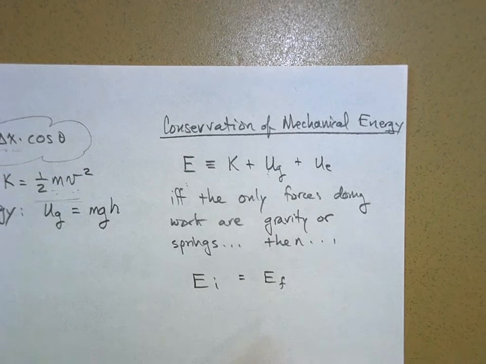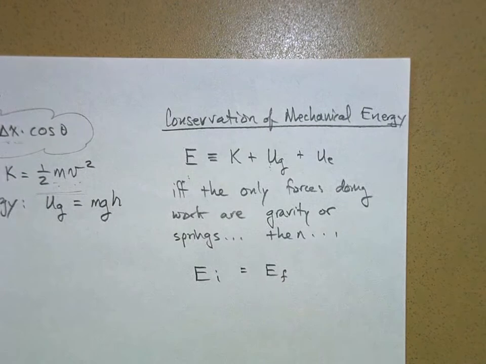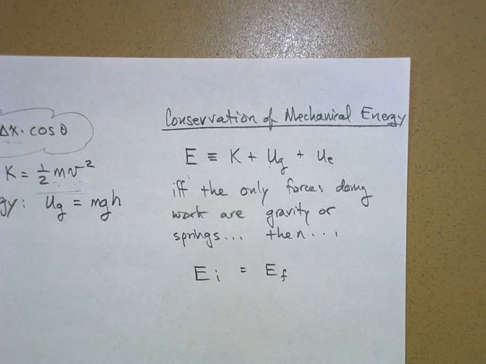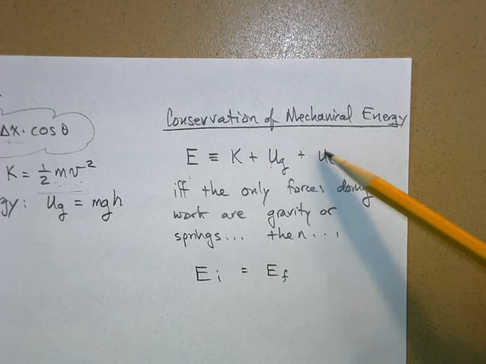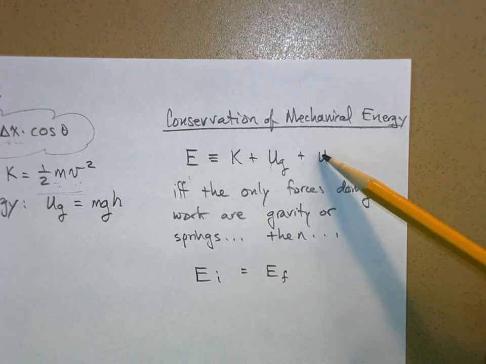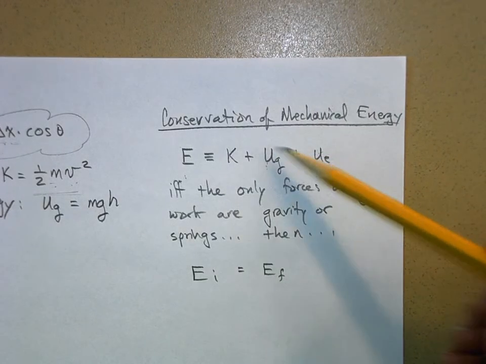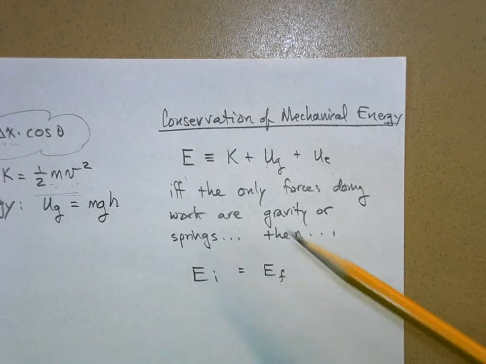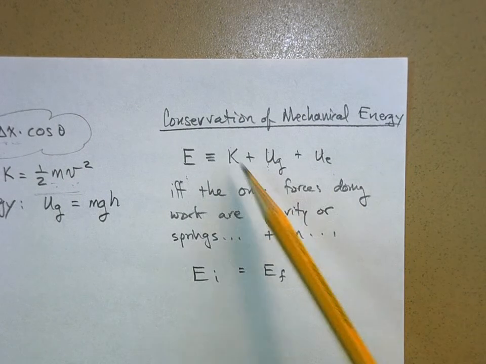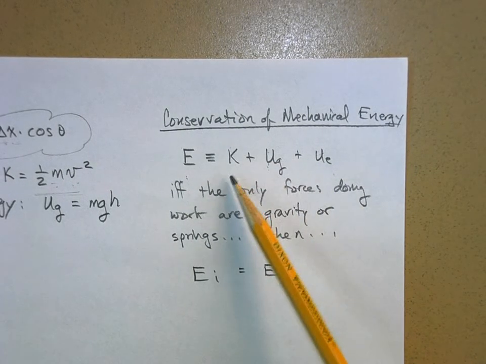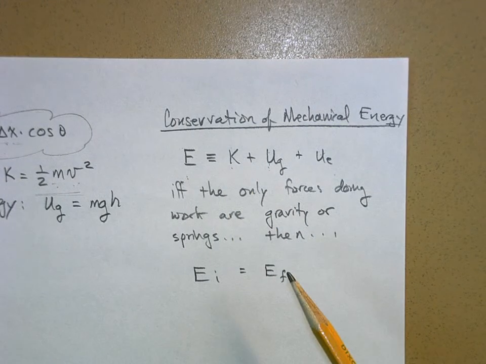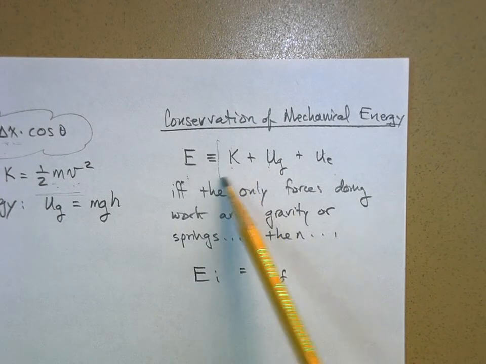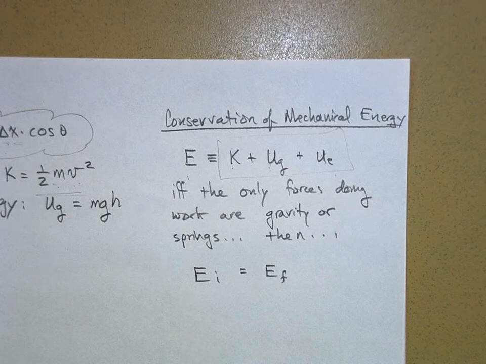Or you can go E1 equals E2 or whatever. Because, look, if a spring is doing work, then there must have been energy stored in that spring, and now it's transferring that energy into gravitational potential energy or kinetic energy. Or if the spring is slowing the object down, it's just turning kinetic energy into elastic potential energy. But the sum of these is staying constant.